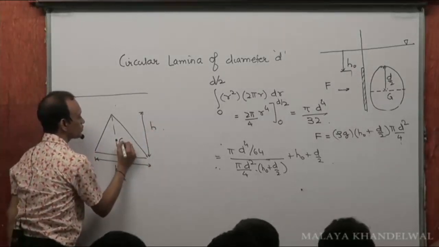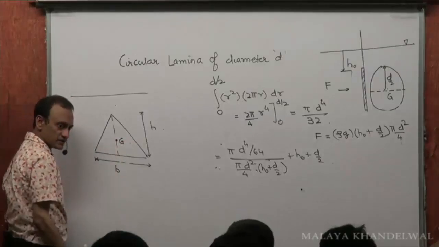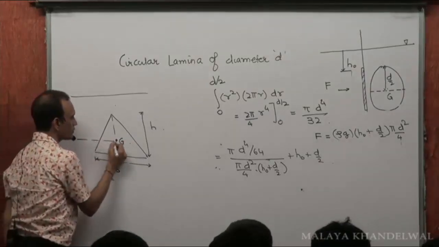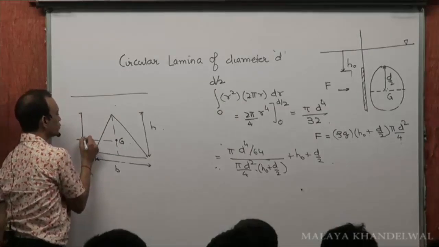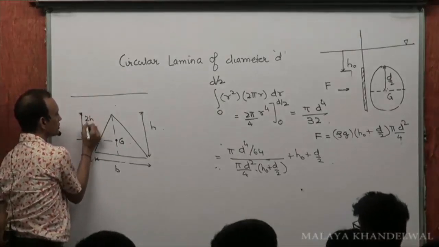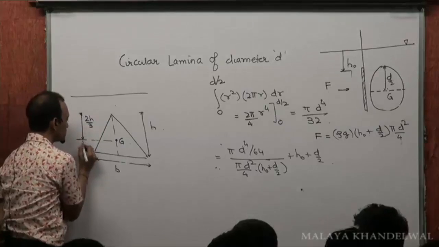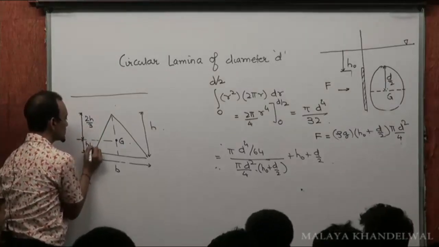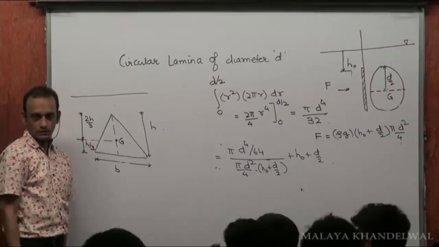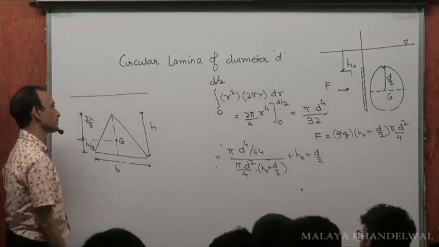G is the center of gravity of this, which will be 2h by 3 from the vertex and h by 3 from the base. It will be closer to the base, right? You know about this.